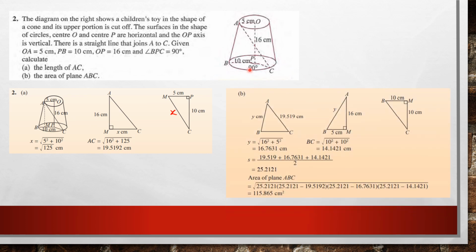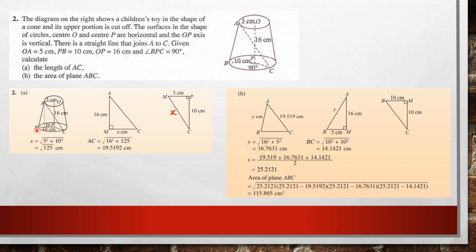Next, for part B, the area of plane ABC. First you can label AB here as the length. So again, by using Pythagoras theorem, 16 squared plus 5 squared, this is your AB here. 16, that means from A to M, and from M to B is 5.